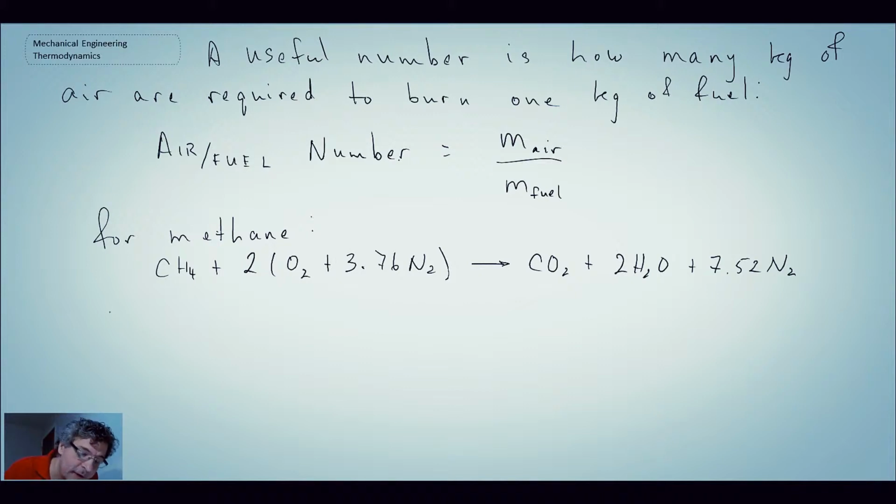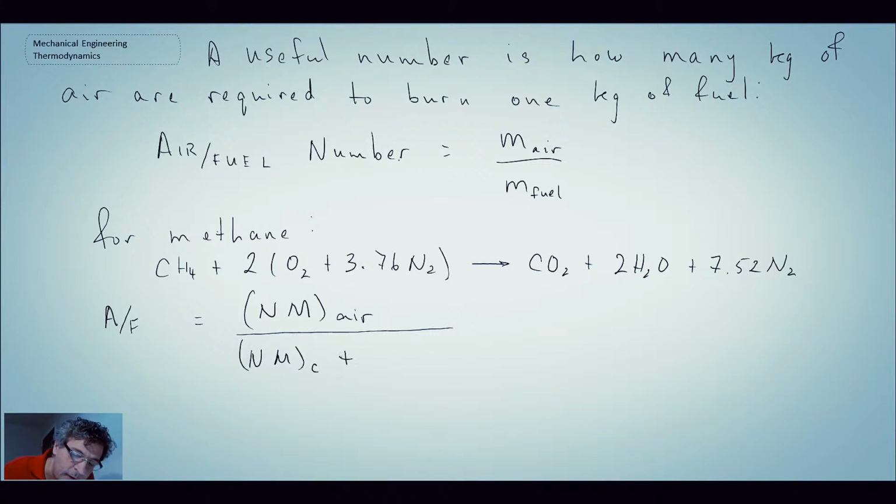Now, if we're looking at the air to fuel ratio, what we would do is take the number of moles multiplied by the molar mass of air, because remember, number of moles is in kilomoles and molar mass is in kilograms per kilomole, and we divide that by our fuel. Here we're dealing with methane, so we would have the number of moles multiplied by the molar mass of carbon plus the number of moles multiplied by the molar mass of diatomic hydrogen.